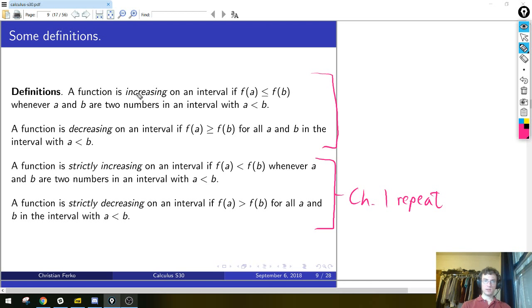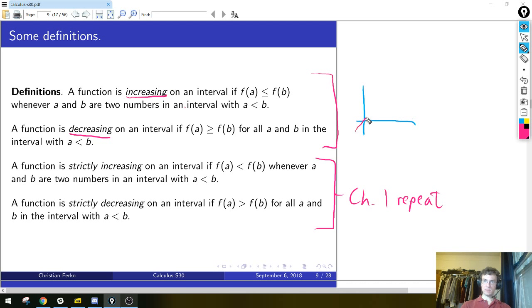The only difference is that in these first two definitions, the words increasing and decreasing without the modifier strictly allow equality. So a function is just increasing on an interval if f of a is less than or equal to f of b, whenever a and b are two numbers in the interval with a less than b. So for instance, you could have a function which is increasing but looks like this.